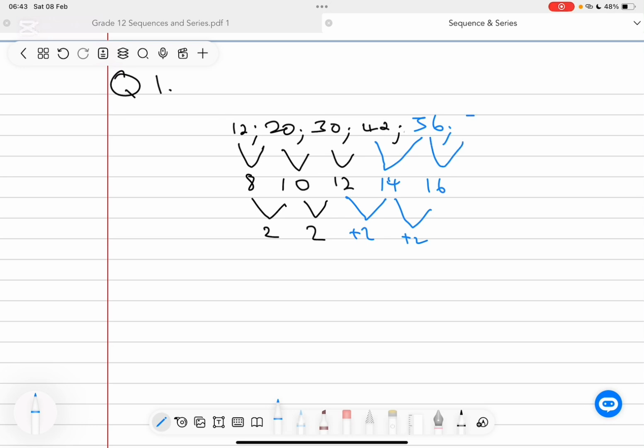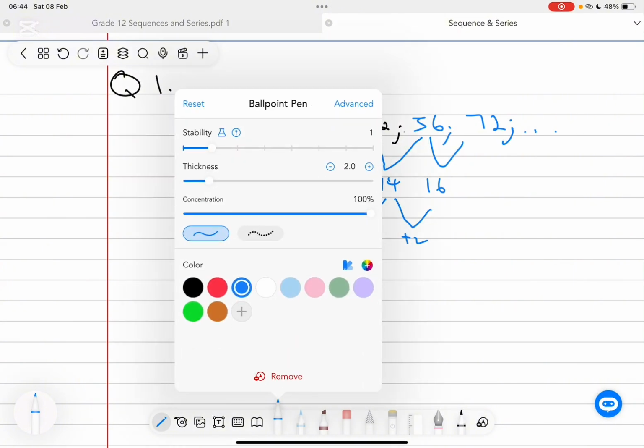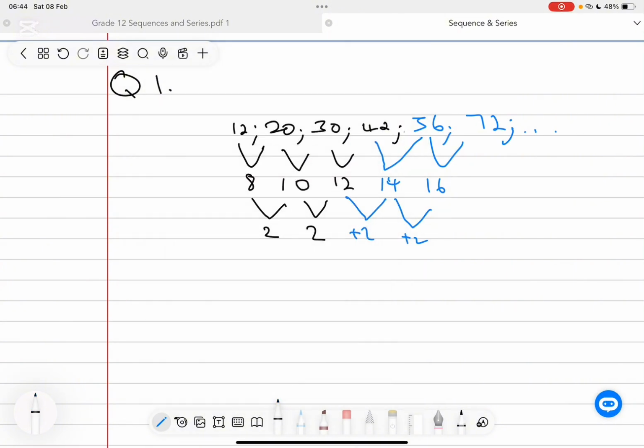This perhaps can continue going on like that. But to answer our question, they only want us to do the next two terms. So here we're simply going to write 56 and 72.